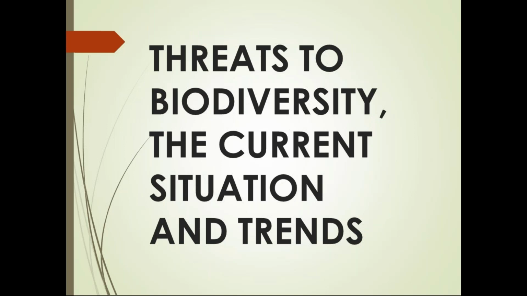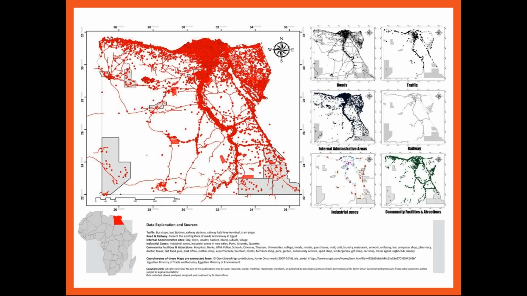In this part, we will discuss the threats on biodiversity, the current situation, and trends. Next slide, please. To determine the effect of human activity on the biodiversity in Egypt, we should have a layer for threat and human presence.